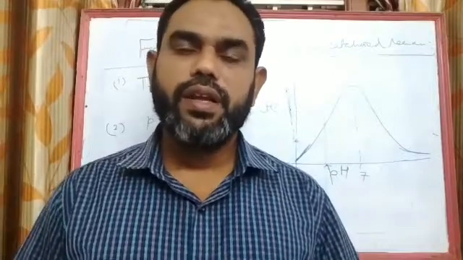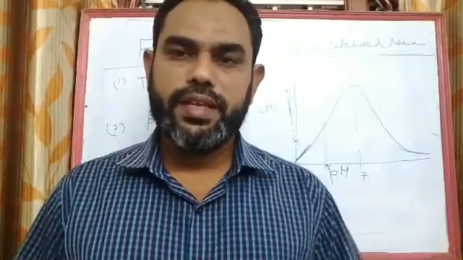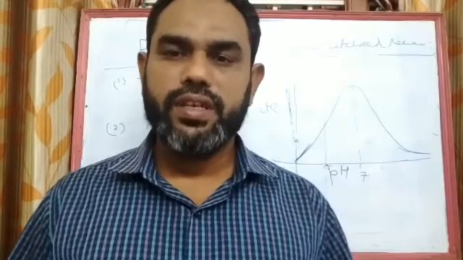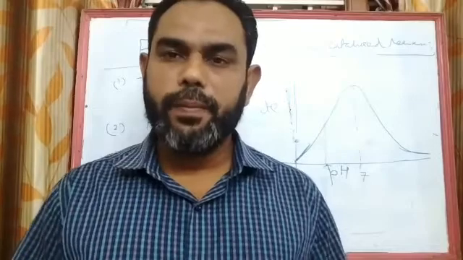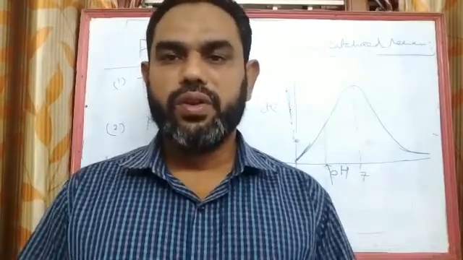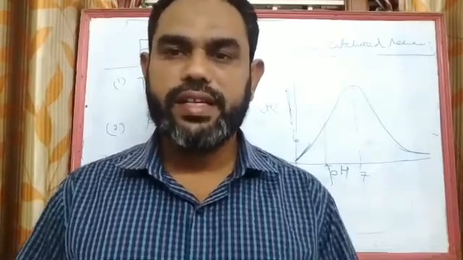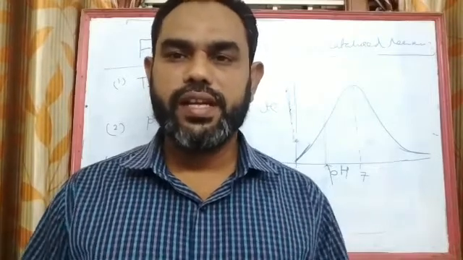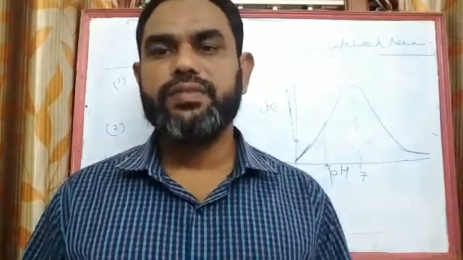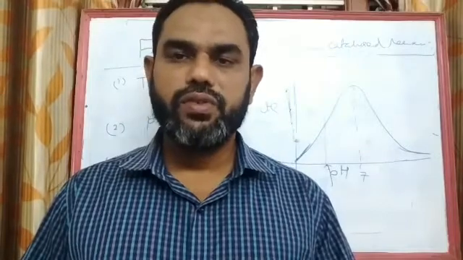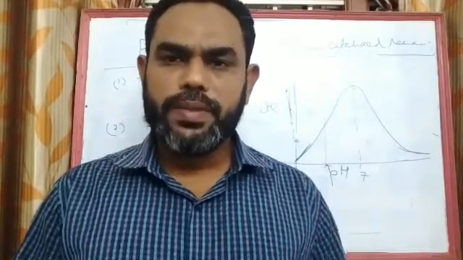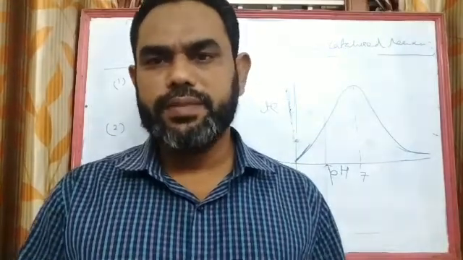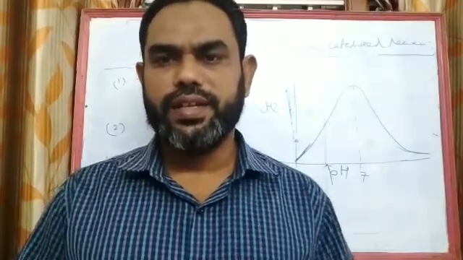For example, pepsin is an enzyme which is produced in the stomach. This is active even at a pH of 2.0. Your stomach is highly acidic because it secretes a lot of hydrochloric acid for the digestion of food, breakdown of the food particles. So pepsin is active only at this acidic pH.